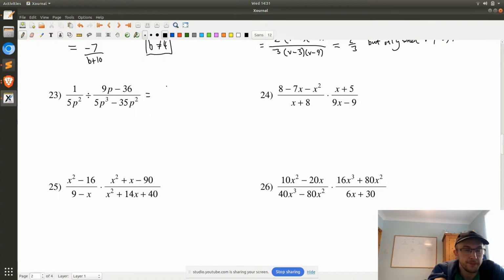Flip them. So on the numerator now, we will have 5p squared. P, take 7.